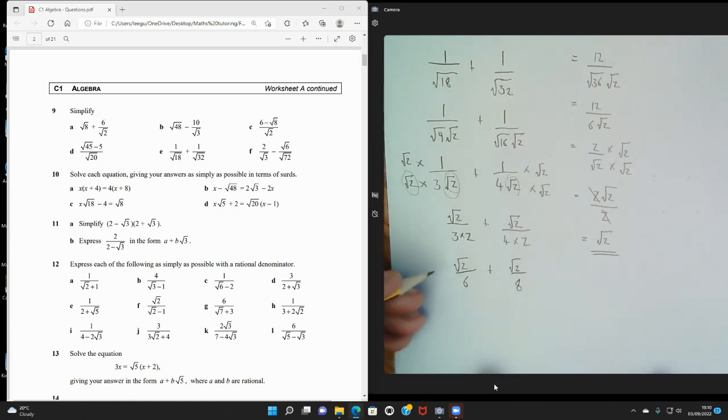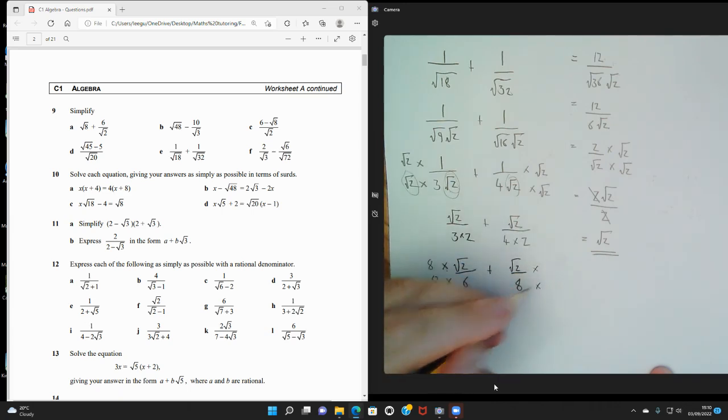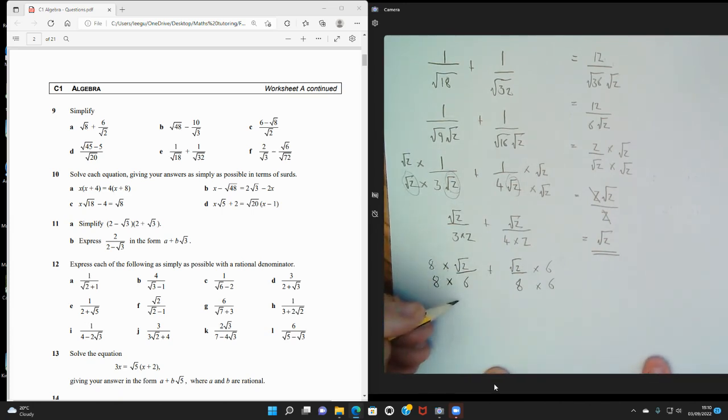So in order to combine these, I'm just going to simply multiply the numerator and denominator of this one by 8. I'm going to multiply the numerator and denominator of this one by 6, just so I can get a common denominator. So that's going to go to 8 root 2 over 48 plus 6 root 2 over 48, like so. And now I can combine those two together.